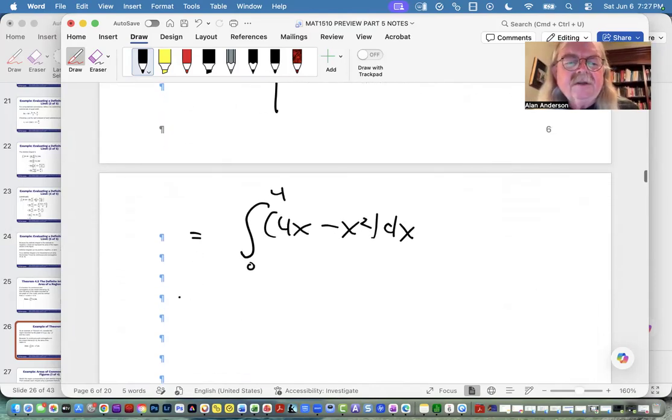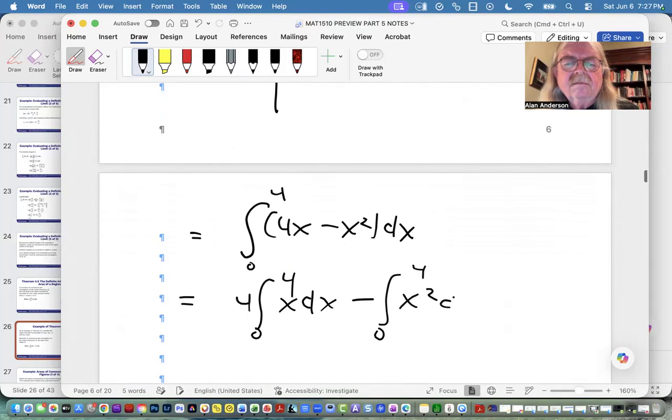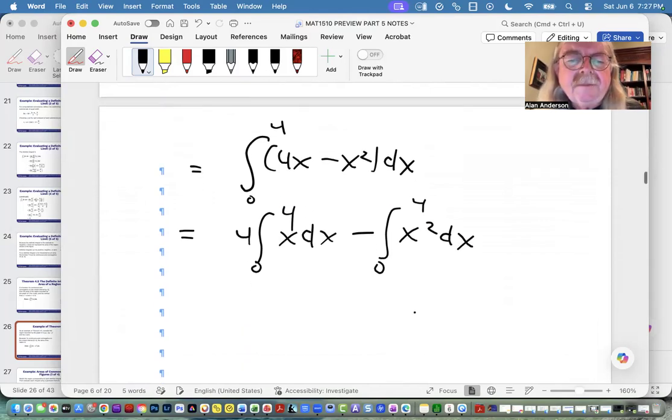So we can break this up into two pieces. Then we apply the power rule.